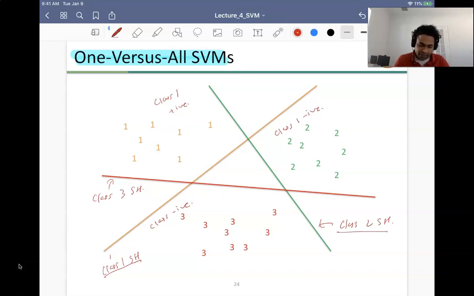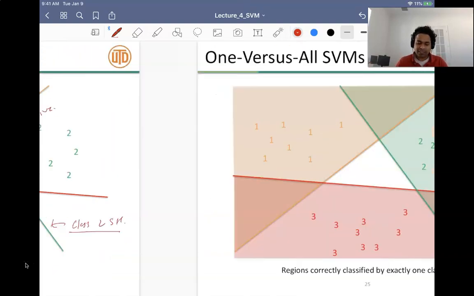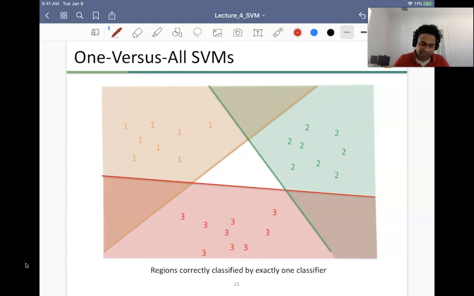Then I have my class 3 model, the red hyperplane, which separates class 3 versus not class 3. With all 3 hyperplanes, I know that this region is class 3, this region is class 1, and this region is class 2. That's exactly what is plotted here: this is class 1, this is class 3, this is class 2.